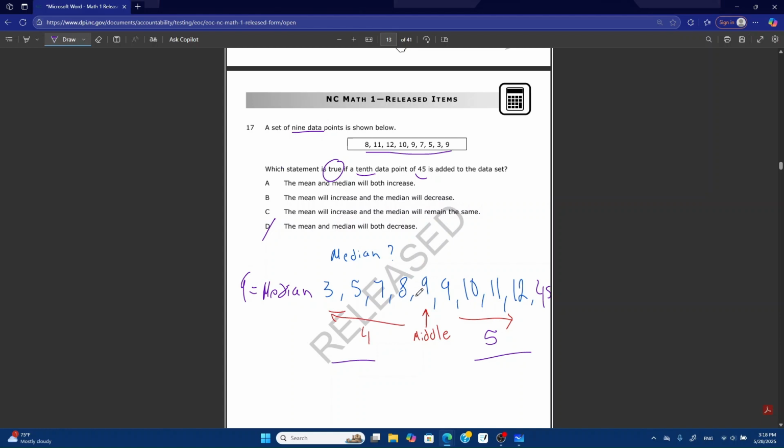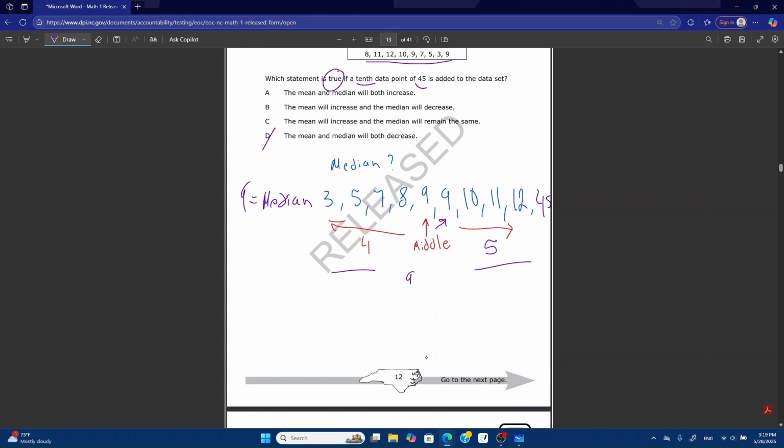In that case, well, in this case, actually, we have 2 medians. All you have to do is just find the mean of it, and that will be our new median. So we add our 2 9s here, right? That equals 18. 18 divided by 2 equals 9. So 9 is our new median, right?